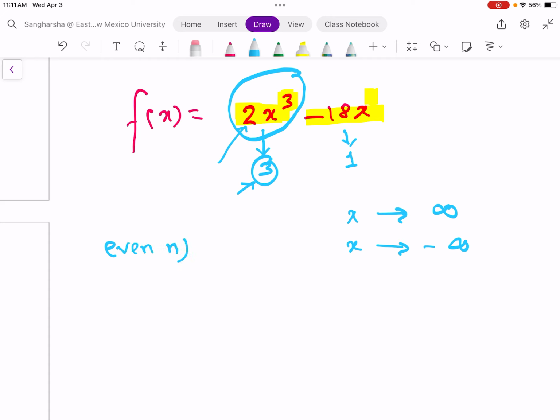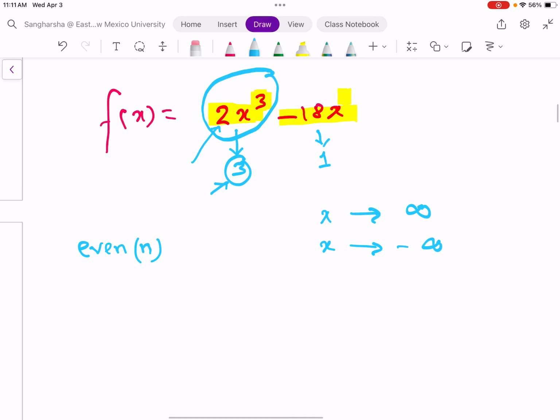If our degree is even and the coefficient of the leading term, a_n, is greater than 0, this is the graph we get on the left side, and this is the graph we get on the right side. We are not worried about what happens in the middle.